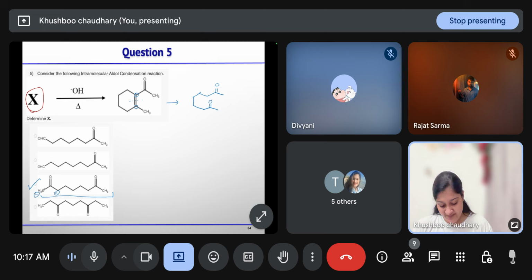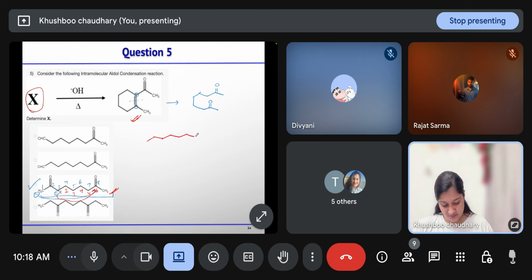Now in one case, if this reacts, you will get 1, 2, 3, 4, 5, 6, 7, 8, an 8-membered ring. And if the second one reacts, you will get 1, 2, 3, 4, 5, 6, a 6-membered ring. And here a 6-membered ring is forming. So this internal enolate, or more stable enolate, will react to give you this product.